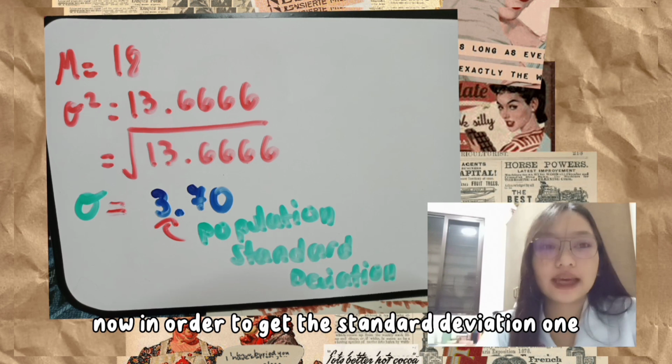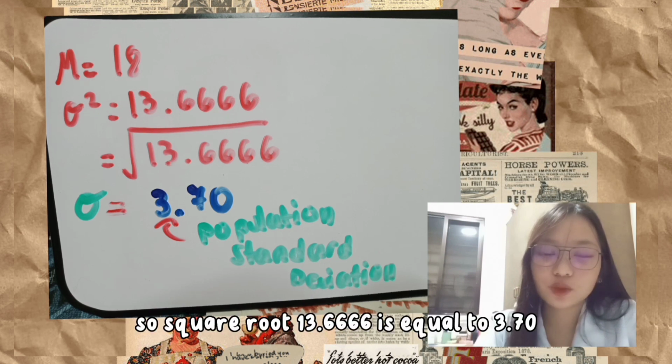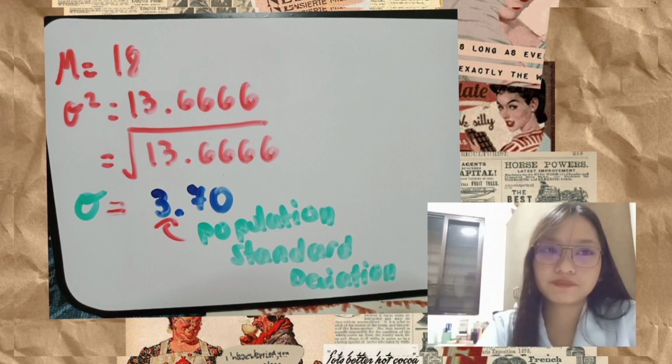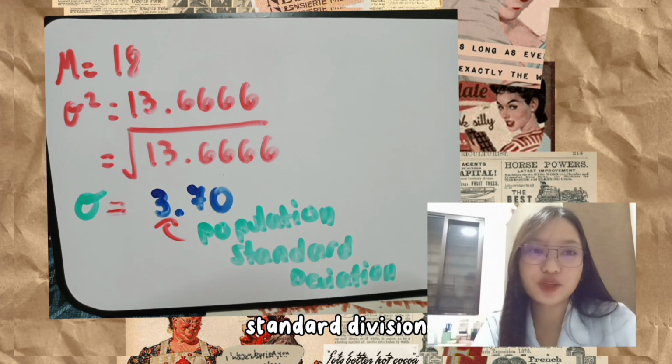Now in order to get the standard deviation, we just need to take the square root. So the square root of 13.6666 is equal to 3.70. And that's how we can get the population standard deviation.